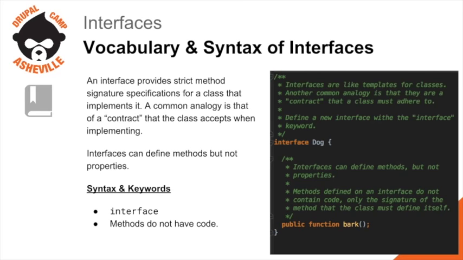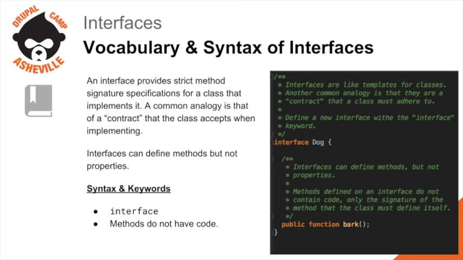So, for example, if I have an interface, which I define with just the keyword interface, named dog, and I say within this interface that the dog must have a public function named bark that accepts no parameters, that means any class that makes use of this interface must have a public function named bark, or your app will fail. It'll just crash. It is a very strict contract between a class and a set of expectations.